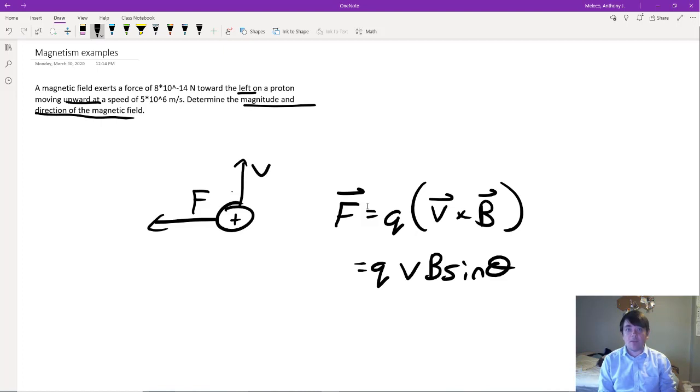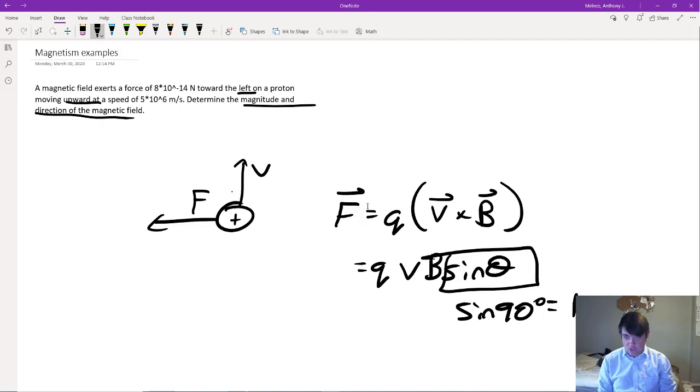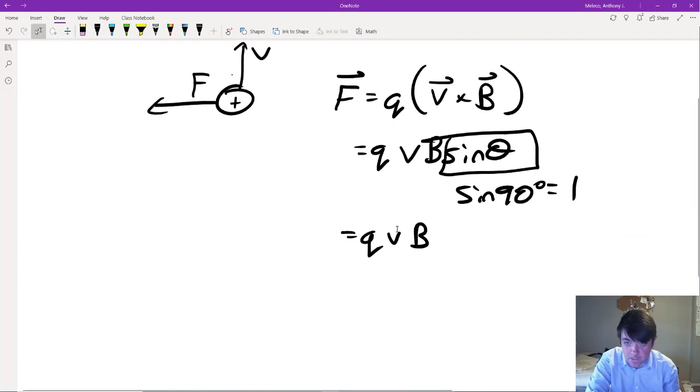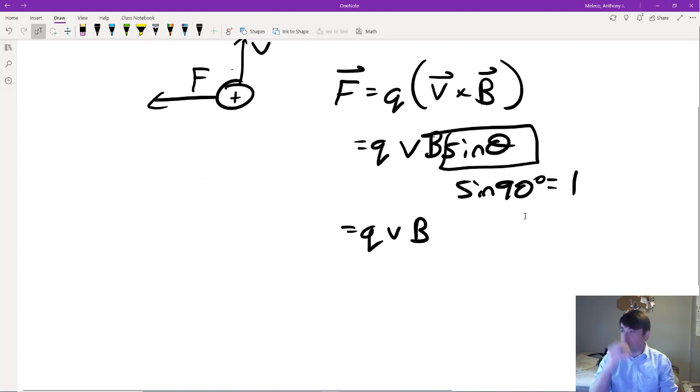Okay, it's going to be one of the other axes, whether it's in or out, because you've already got X covered and you've got Y covered. Okay, so we know that sine of theta will be sine of 90 degrees here, because the angle between V and B will be 90 degrees, and this is just 1. So this right now reduces to just QVB, okay, because QVB times 1.